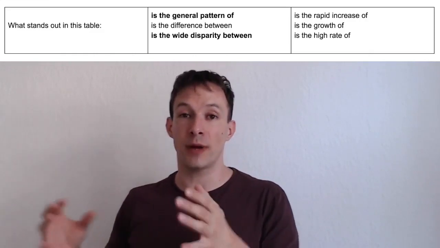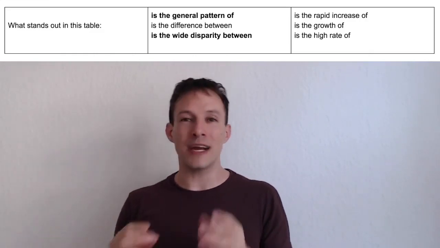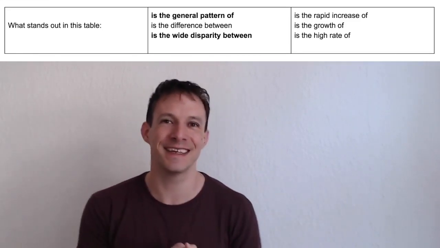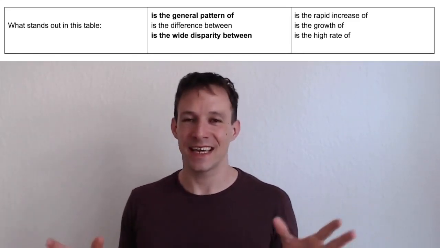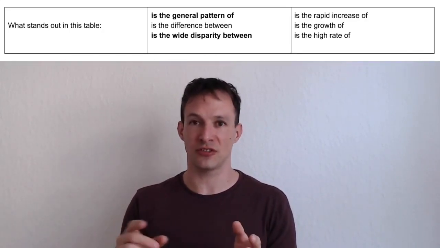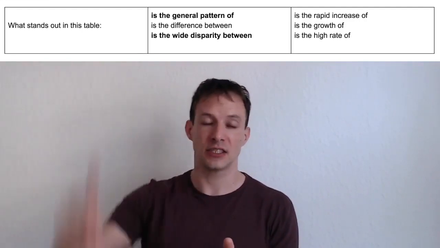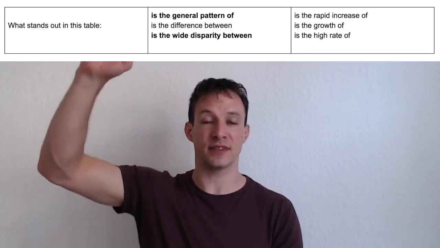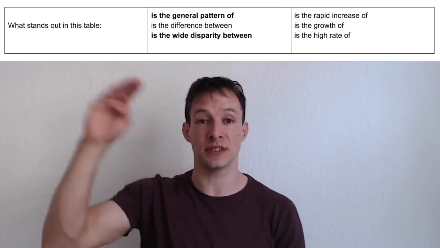Or the general pattern of erratic fluctuations? Ching, ching for points there. Okay, erratic just means crazy, erratic fluctuations just means very violent changes, very large differences between the numbers.